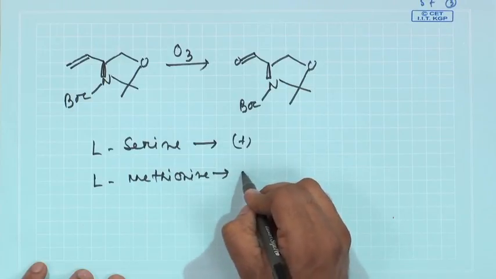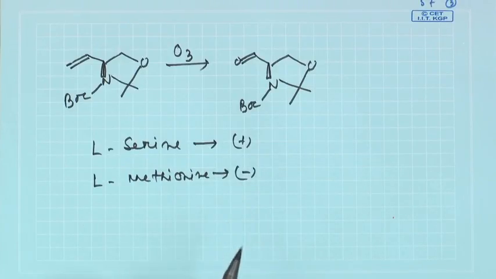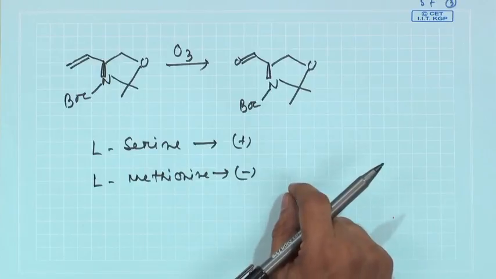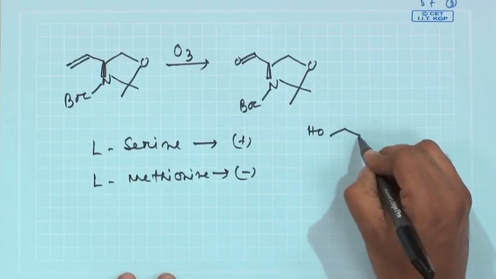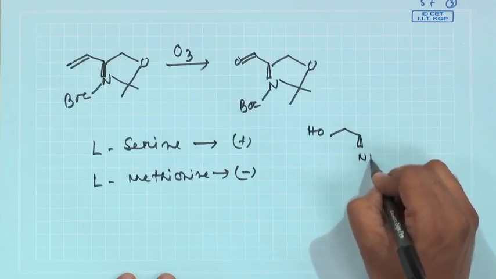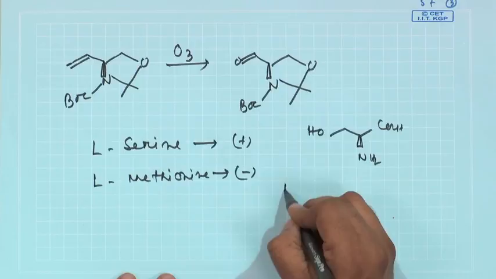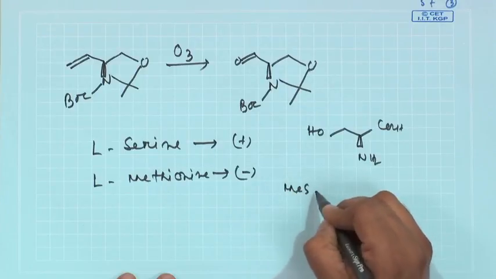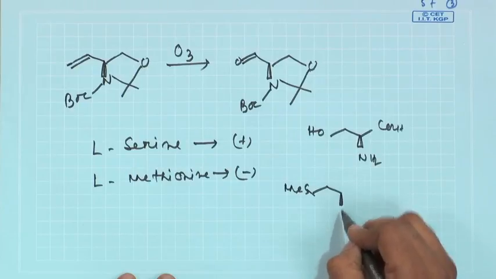So, the divergence comes from the starting material structure, though the absolute configuration on the stereogenic center remains the same. The starting material serine has this structure, and the starting material methionine has this structure.